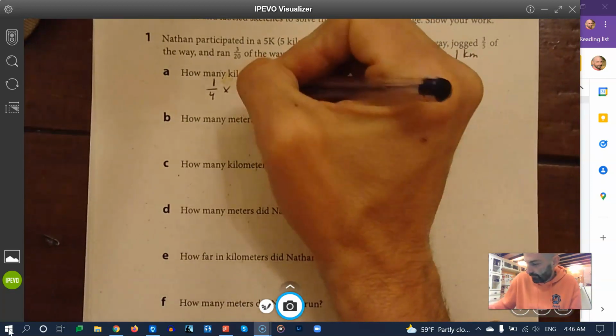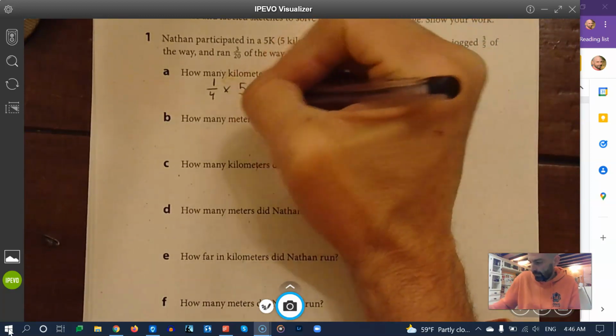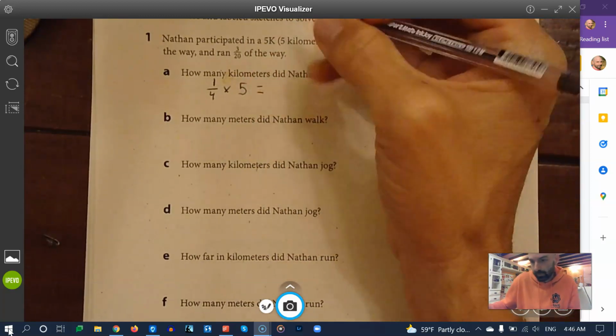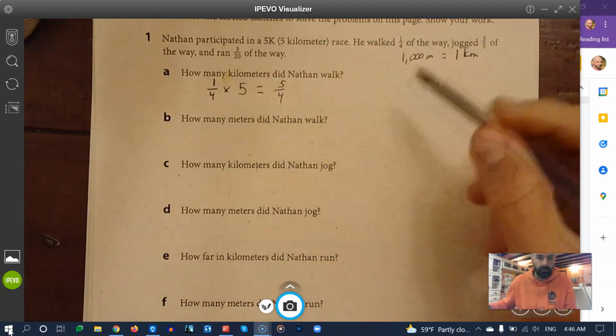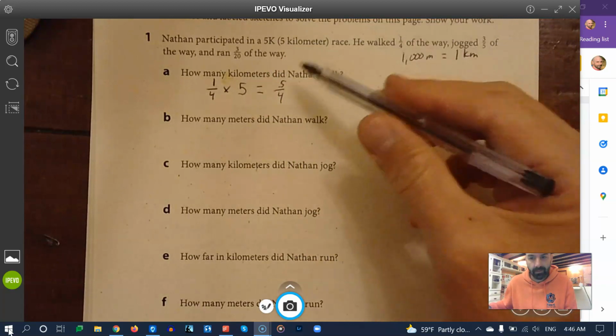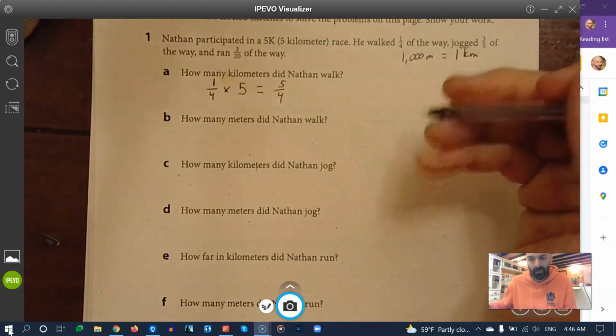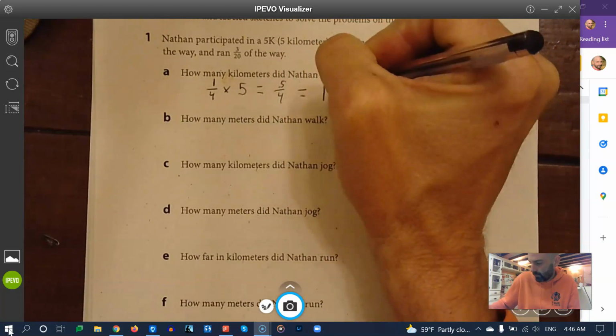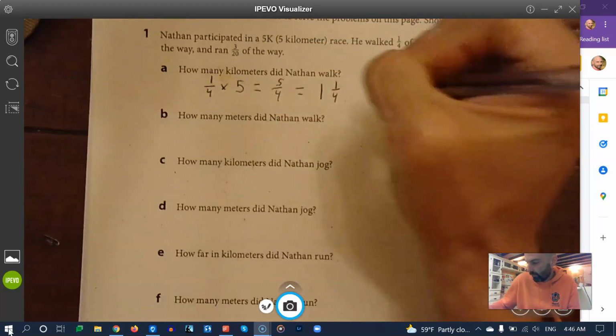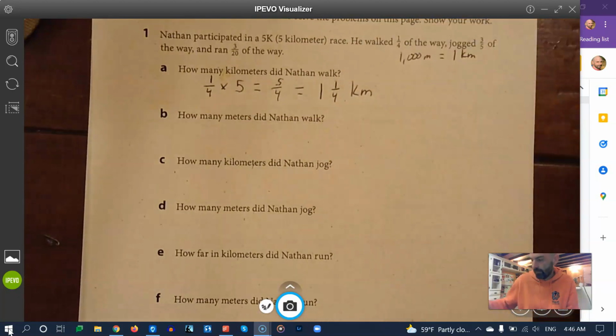So how far is that? Well, repeated addition, 1 + 1 + 1 + 1 + 1, 5 times, that's going to give us 5/4. Now, when we're doing a problem with distance, we probably won't say 5/4 of a kilometer because that doesn't make much sense to people. So we do need to put that down as 1 and 1/4 of a kilometer.